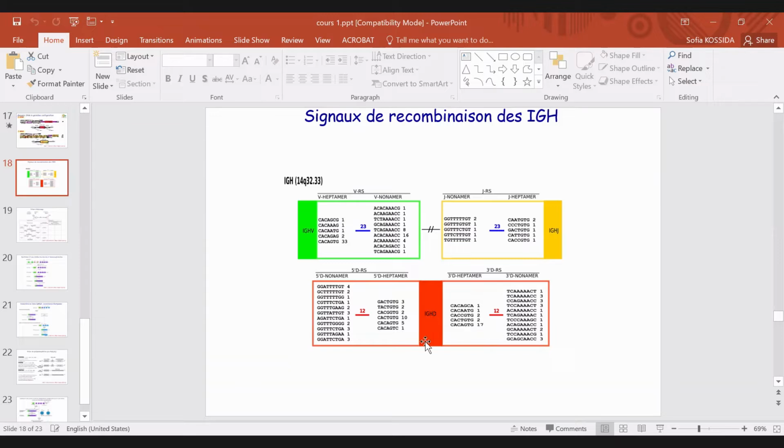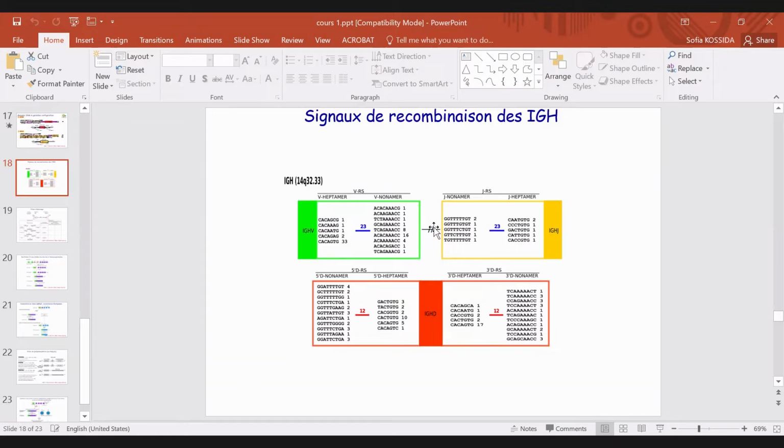And look at this. We'll take it a bit further. We had talked about the nonamer, the spacer, and the heptamer. Remember, we said the nonamer is 9 nucleotides, the heptamer is 7 nucleotides, and then we have a spacer, which is either 12 or 23 nucleotides. And there is this famous rule of 12-23.